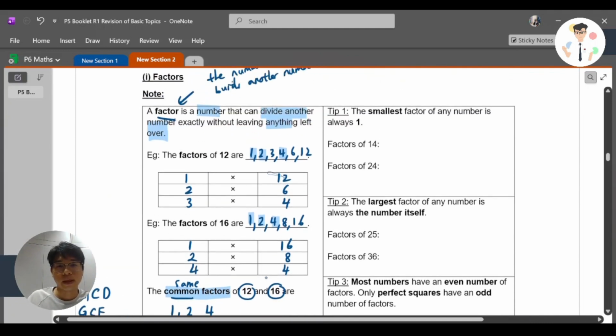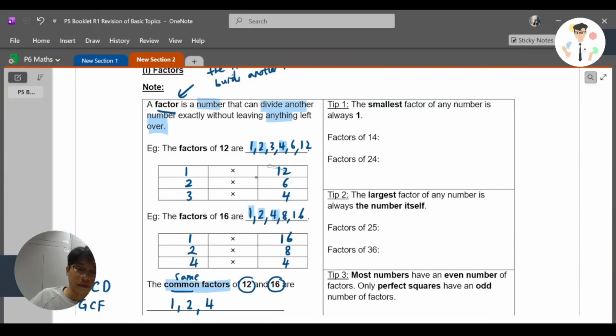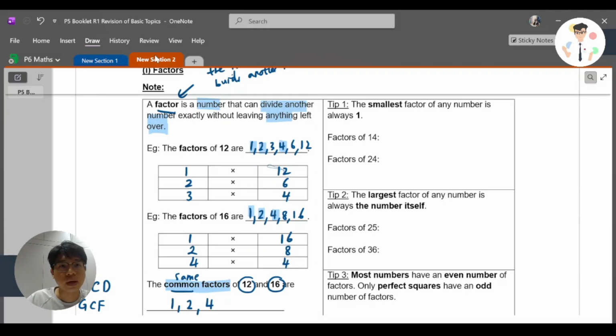Now, apart from learning what a factor is, I also want to share a few tips. These tips may not seem very important, but they can be very helpful in solving some tricky questions.